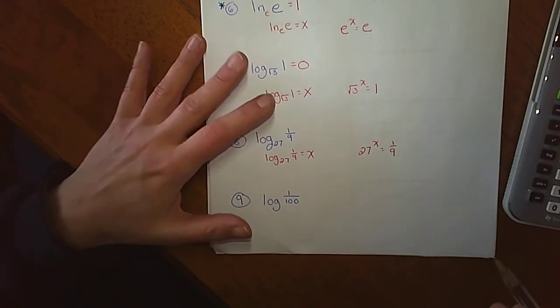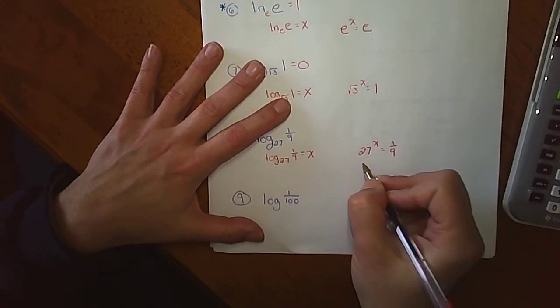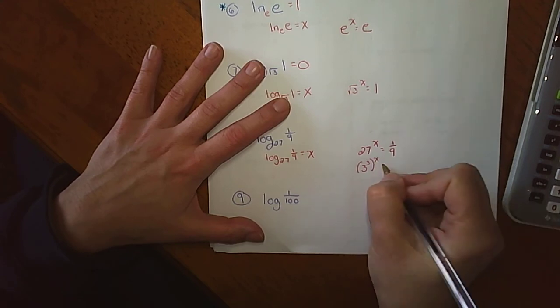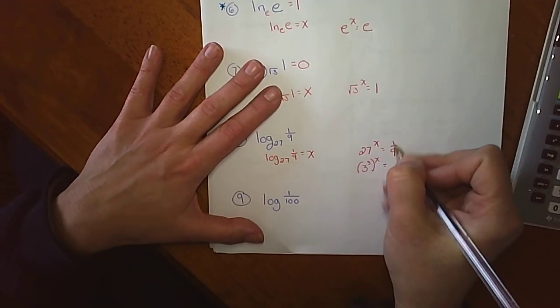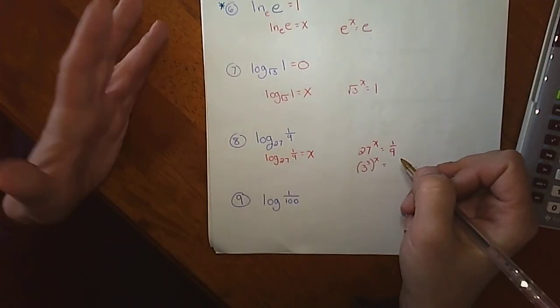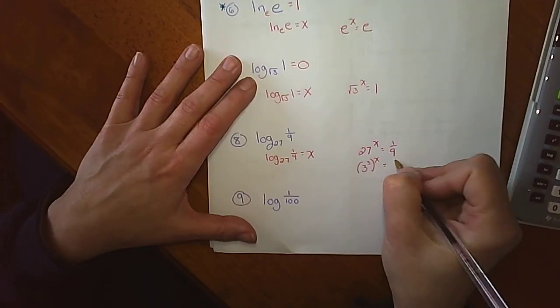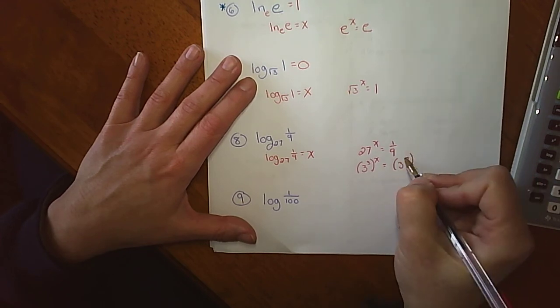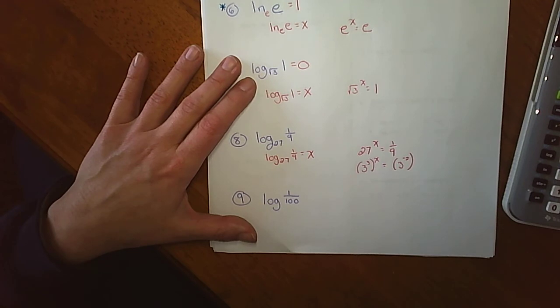They both come from the number 3. So I'm going to change 27 into 3 cubed. Now, 1/9 is the same thing as 9, but flipped over. So what exponent makes 3 turn into a 9? 2. But because it's flipped over, I have to make it a -2.